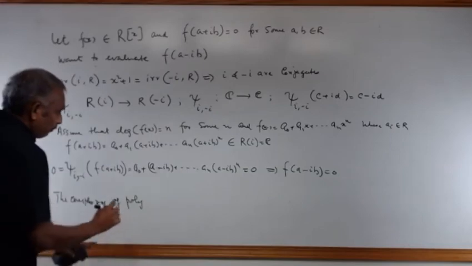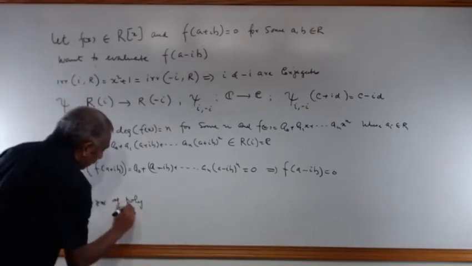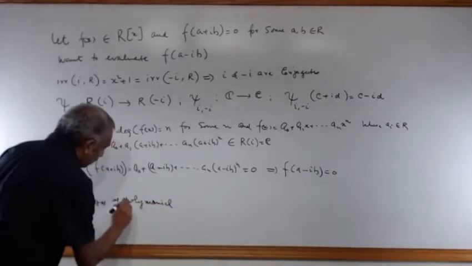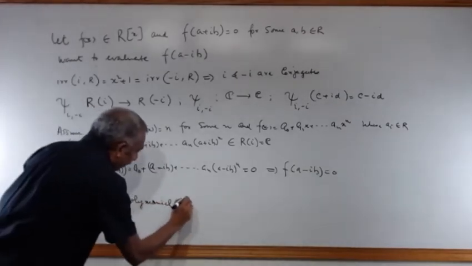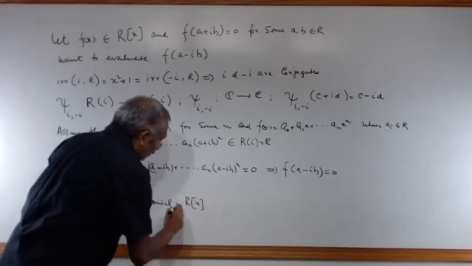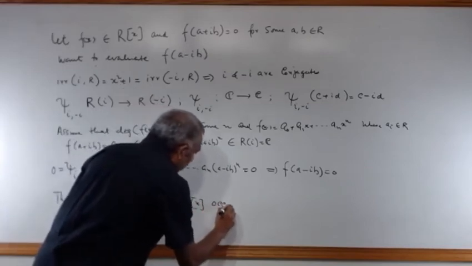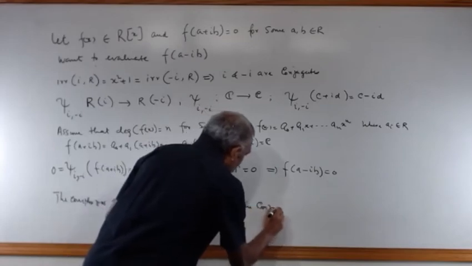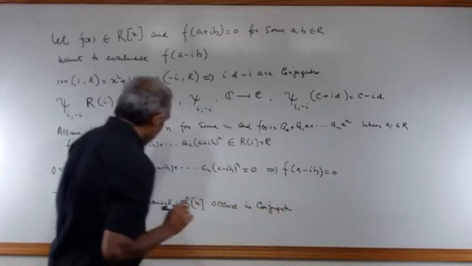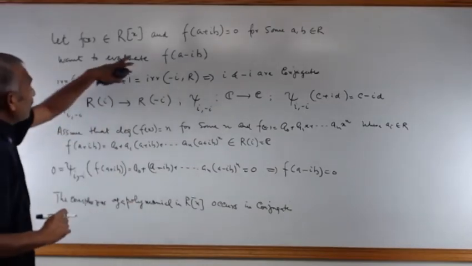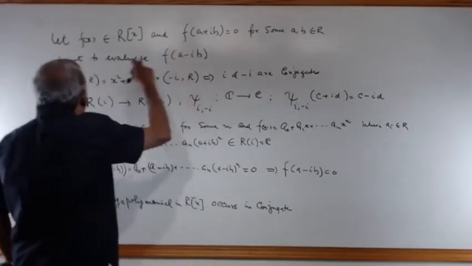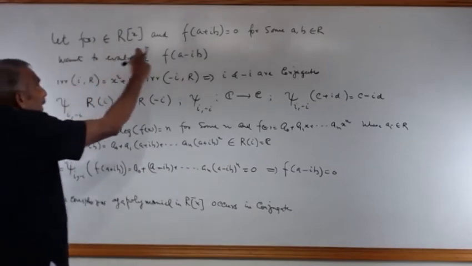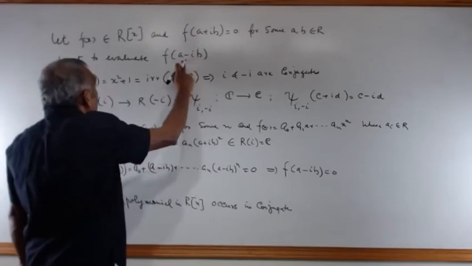Complex zeros of a polynomial in R of x occur in conjugates. Meaning, if one complex number is a zero of a polynomial, then its conjugate is also a zero of that polynomial.